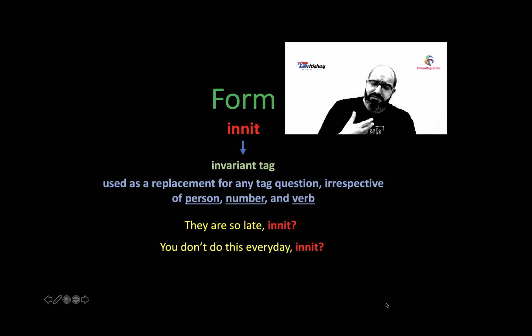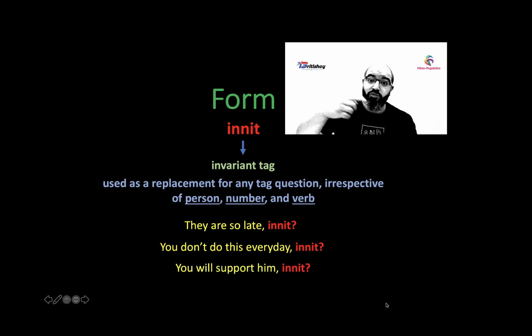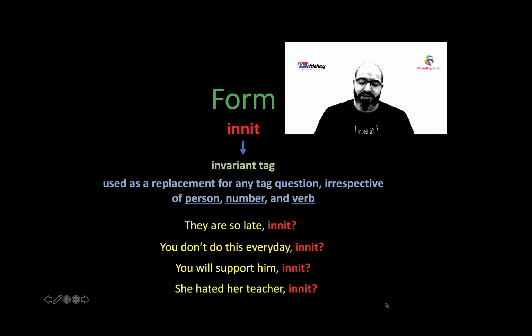So we expect a positive question tag, but innit is used again. Now look at this one. You will support him, innit, instead of won't you. Look at this one. She hated a teacher, innit, instead of didn't she? And that's why we call it an invariant tag. When we say an invariant tag, it means it doesn't change form.